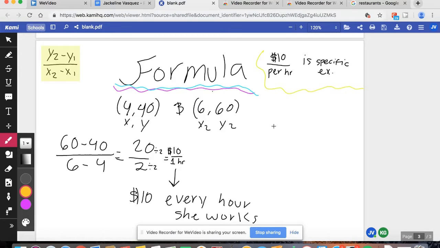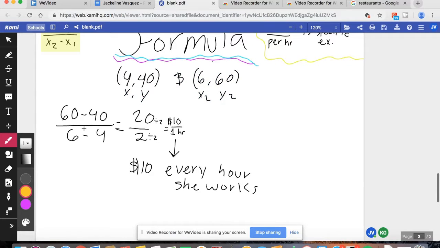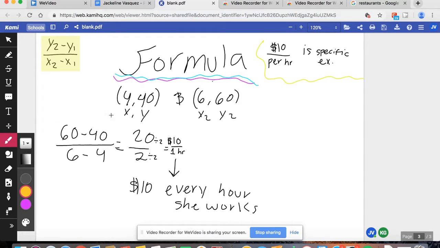It is always going to be y2 minus y1 over x2 minus x1. Now for this specific example, we have $10 per every 1 hour. And the examples of the y and x variables are $40 and $60, and then 4 hours and 6 hours. Now what we're going to do here is take y2, which is 60, minus y1, which is 40.